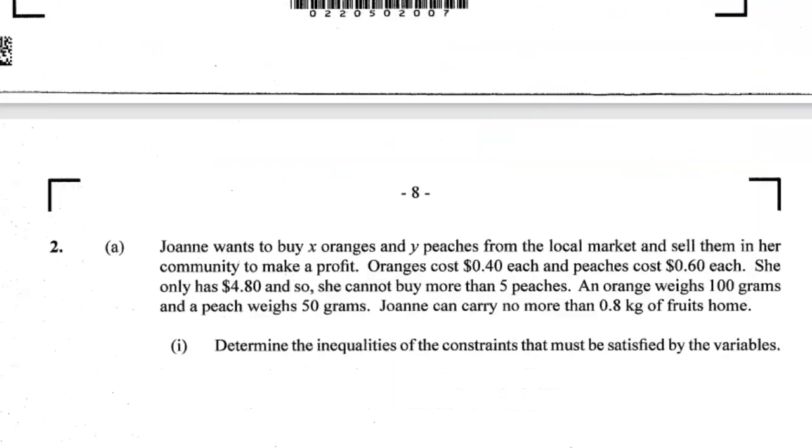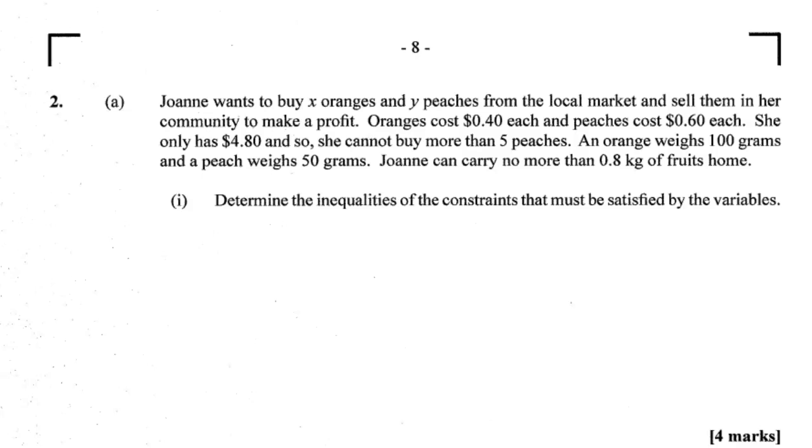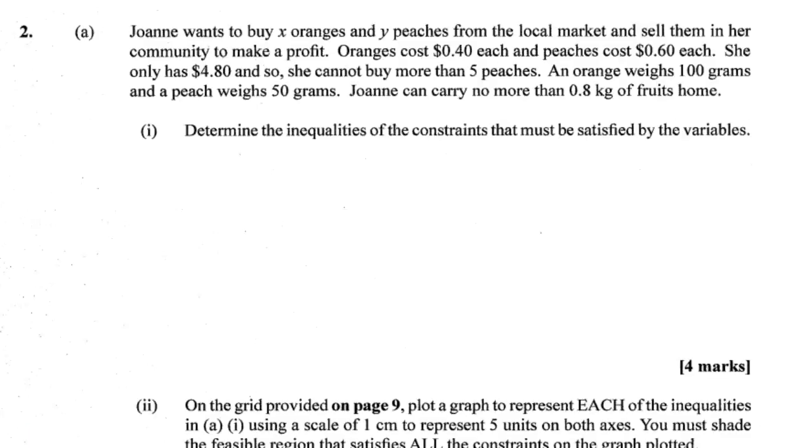Let's move on to question 2. Joan wants to buy X oranges and Y peaches from the local market and sell them in her community to make a profit. Oranges cost 40 cents each and peaches cost 60 cents each.